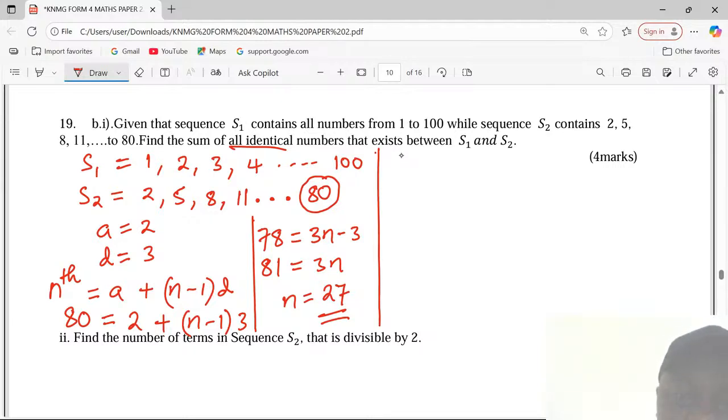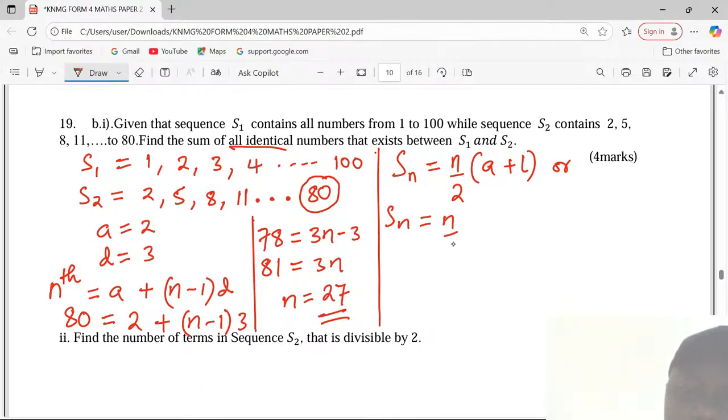Remember, the sum of n terms can be given by n over 2 into a plus l, or sum equals n over 2 into 2a plus n minus 1 into d.